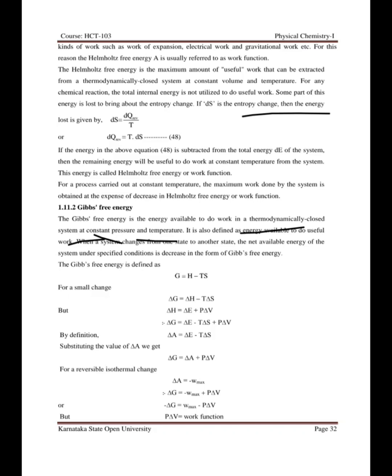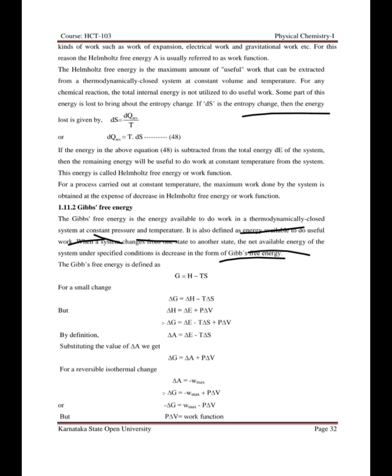So when a system changes from one state to another state, the net available energy of the system under specified conditions is decreased, in the form of Gibbs free energy. That is what the Gibbs free energy says here.